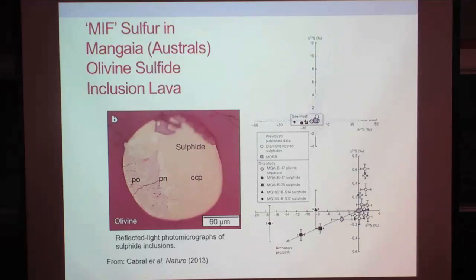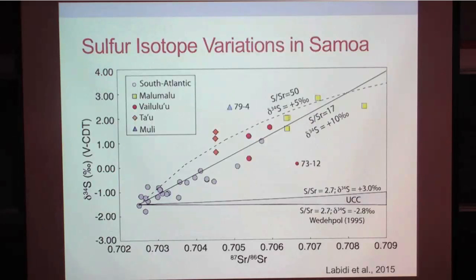So how do you get mass-independently fractionated sulfur into an inclusion in an oceanic island basalt in the central Pacific? The only way is to make it at the surface, bring it down into the deep mantle, and bring it back up. Matt was also a co-author on this paper.